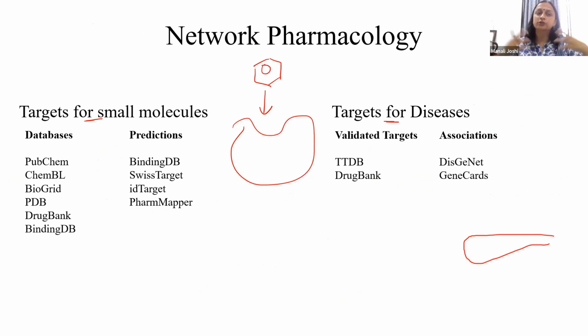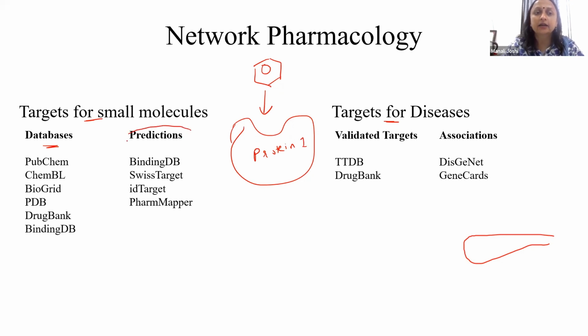So there are two approaches of identifying targets, and I wanted to put this across because I read so much literature and this has to be known. So there are two ways. One is you identify known targets. That means by experiments, it is known that protein 1 is a target or it interacts with this small molecule.